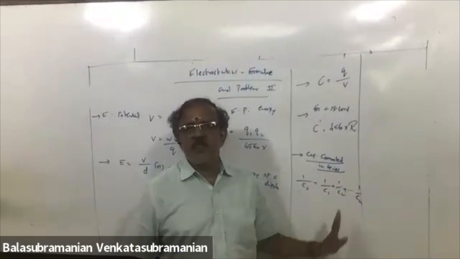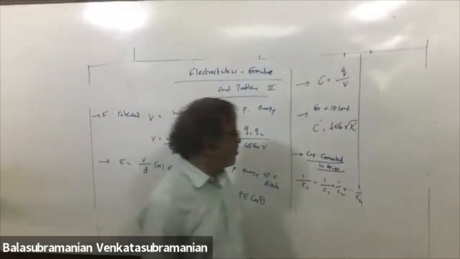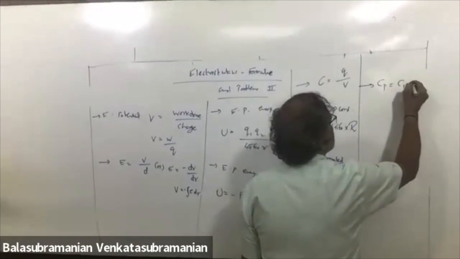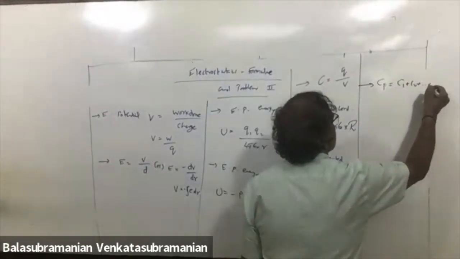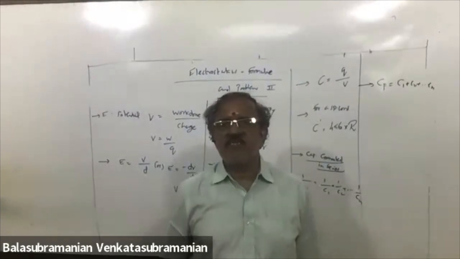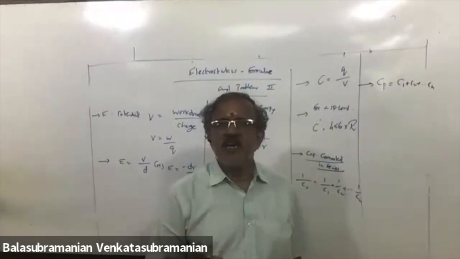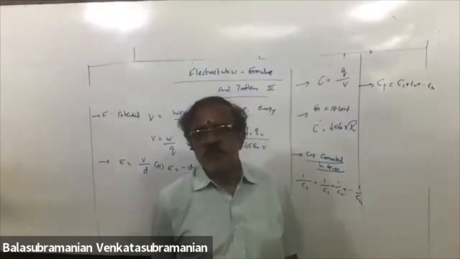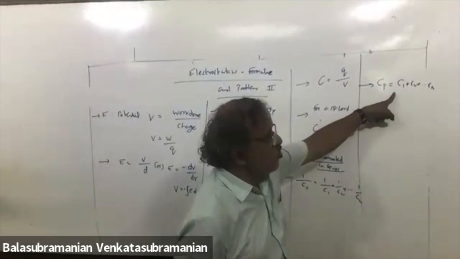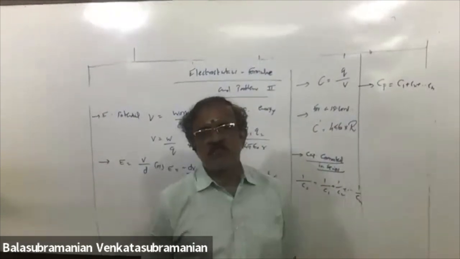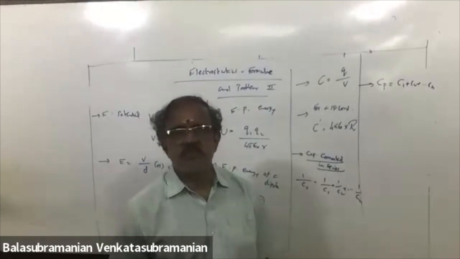Here charge is same, potential is different. Capacitors connected in parallel, C1 plus C2, etc., Cn. Here charge is different, potential difference is same. V is same, Q is different.